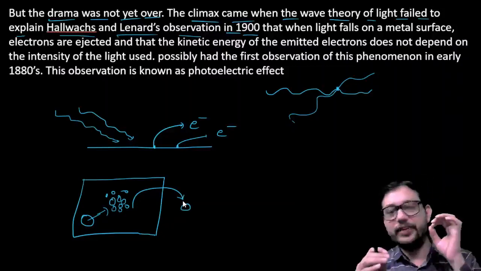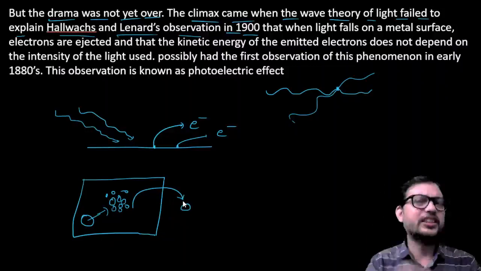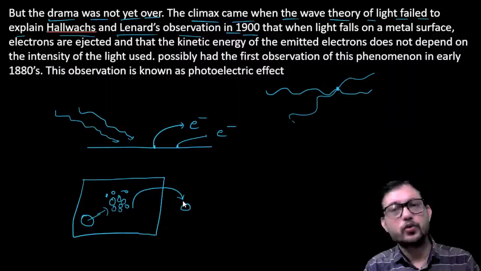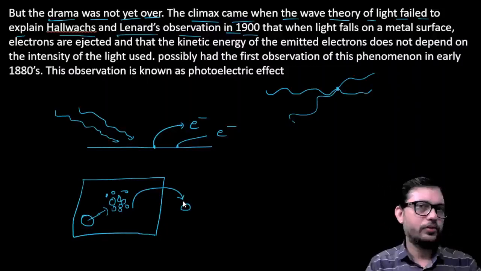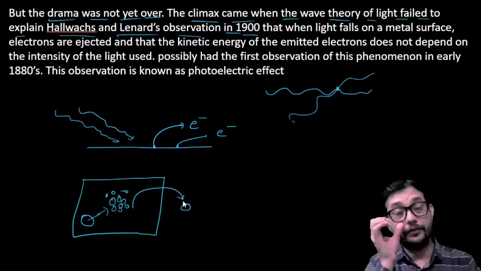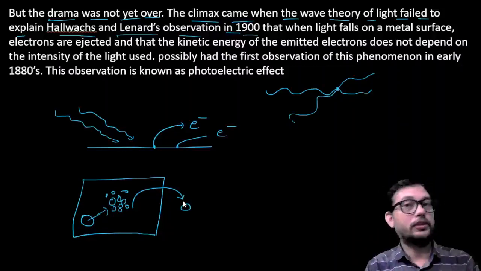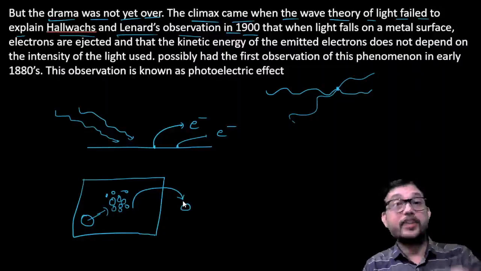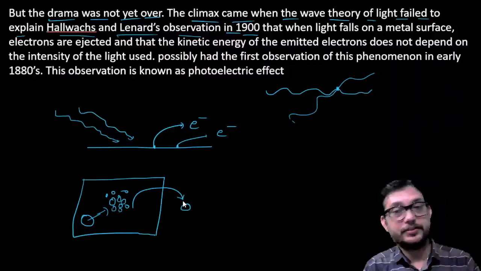But a wave cannot have such intensity that a coin can come out. So how can the electron come out if it is a wave? Because a wave can only superpose, but it cannot have such intensity that it can extract the electron from the surface.